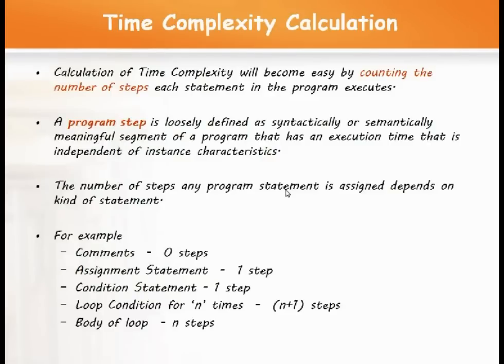When a loop has n plus 1 steps, the body of the corresponding loop will execute for n steps. Based on the number of steps for each program statement, we can calculate the time required for an algorithm.